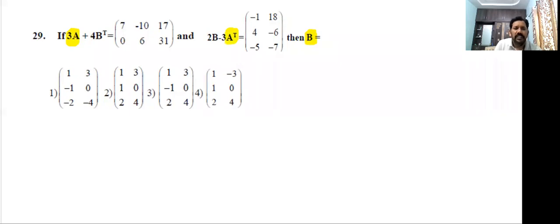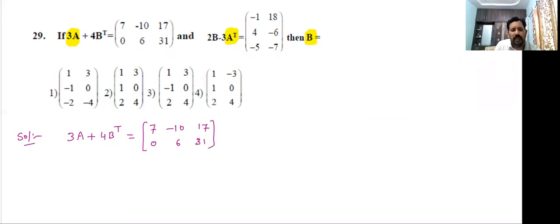Right. See, this model is very, very important. What is given here: 3A plus 4B transpose is equal to the matrix 7, minus 10, 17, 0, 6, 31. This is a matrix.